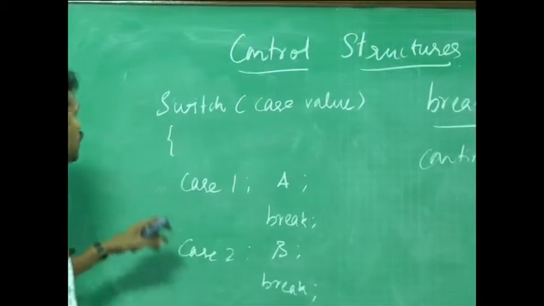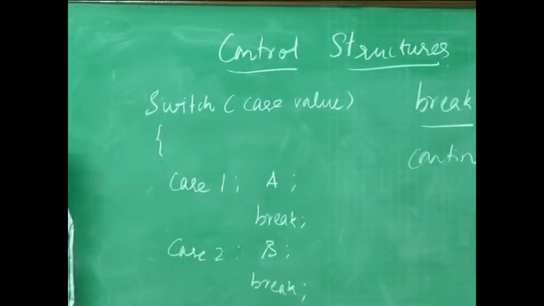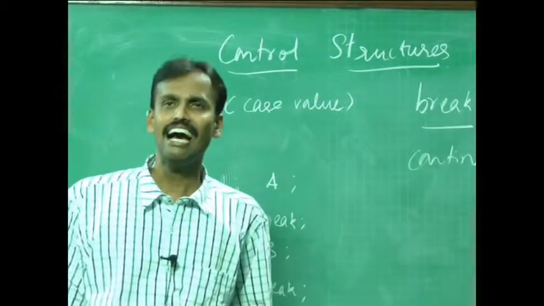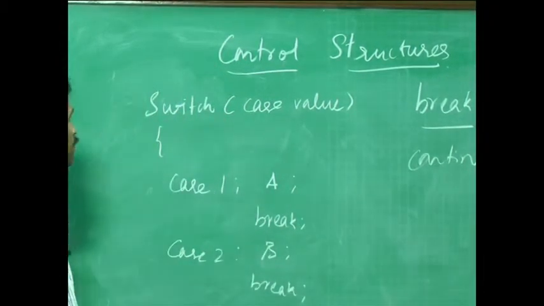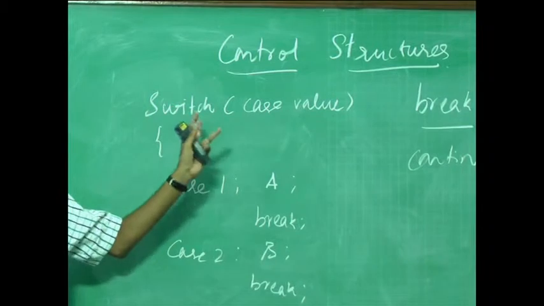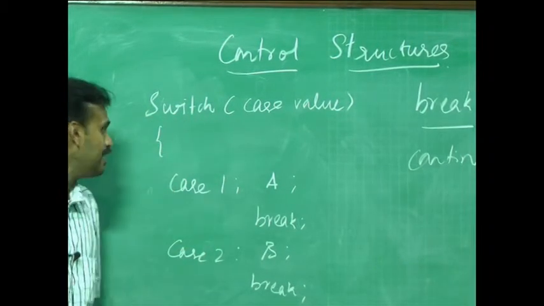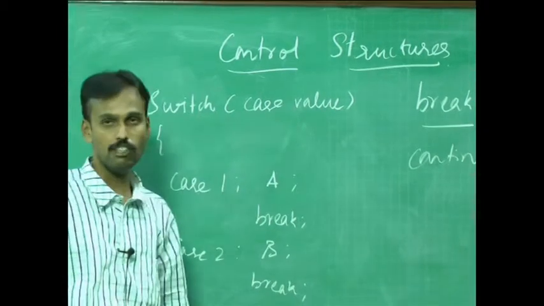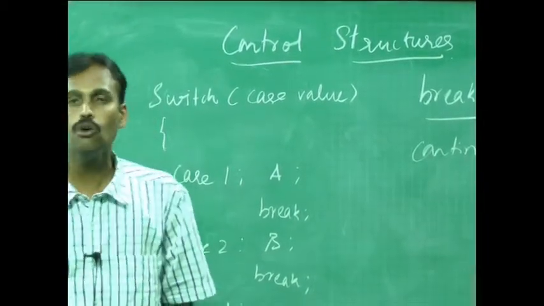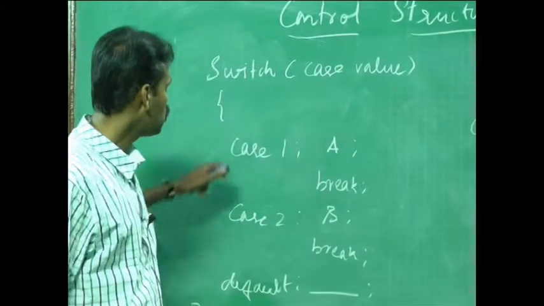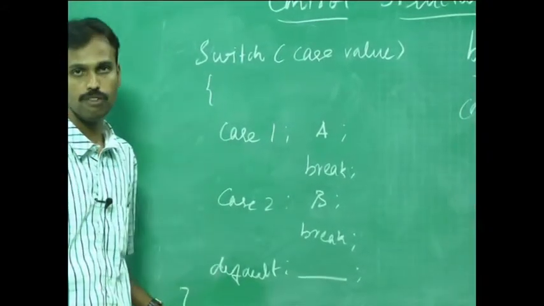Now let us have a glance at the various switch case constructs. A switch case construct has efficiently these parts, that is, it starts with a keyword switch. Please mind, s over here is a small case letter. Then it checks for a case value. Based upon the case value, it flows on to any one of your case controls.